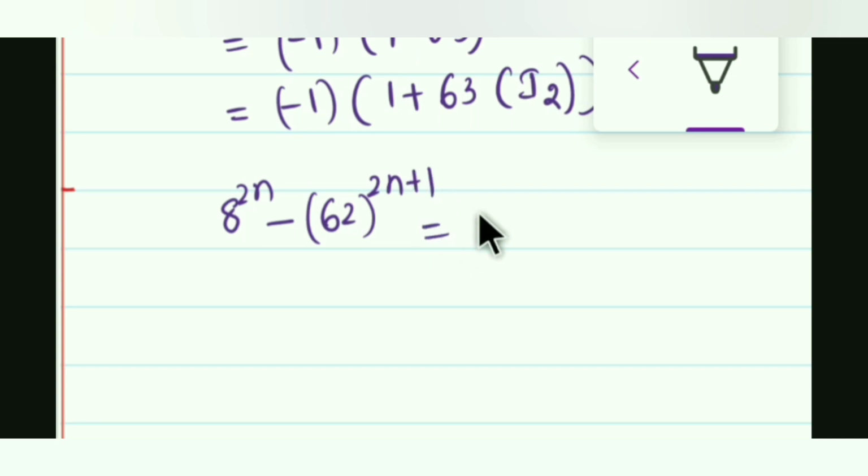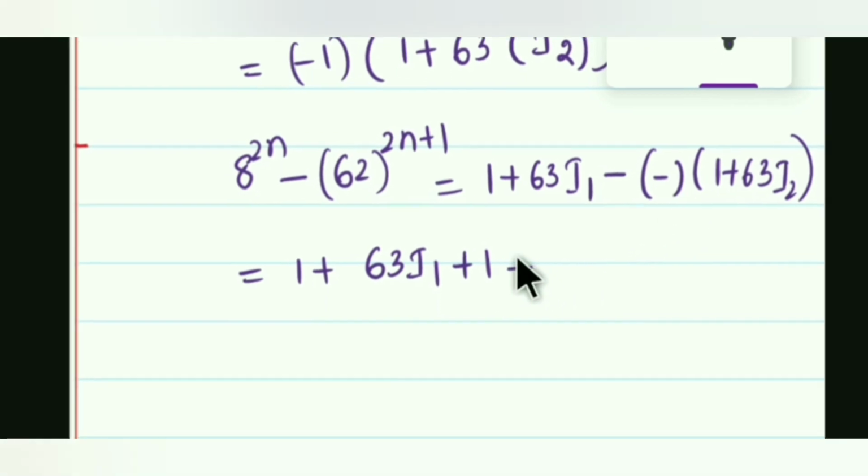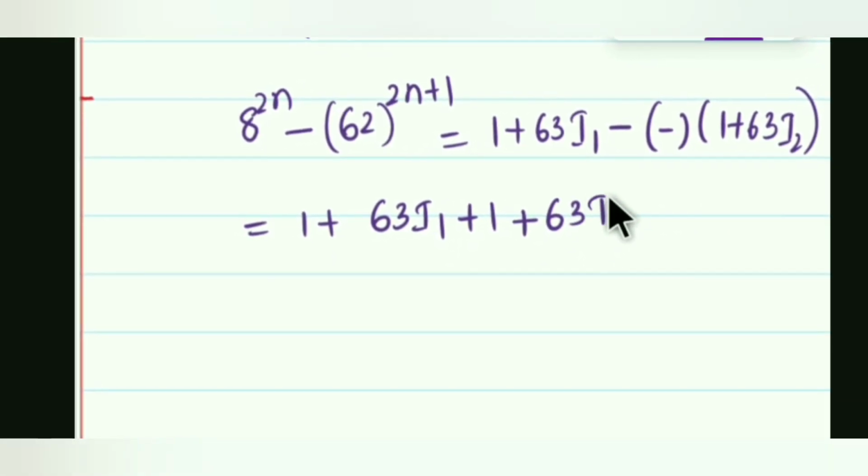I will write it as 1 plus 63 I1 minus of minus 1 plus 63 I2. Got it? This can be written as 1 plus 63 I1 minus of minus, it will be plus 1, and again minus plus 63 I2.